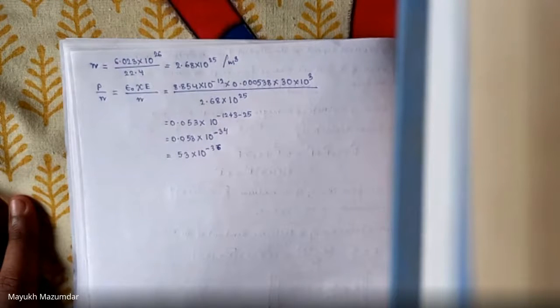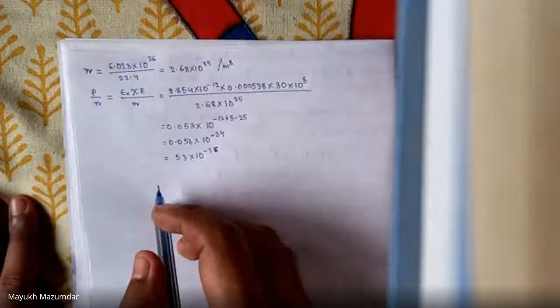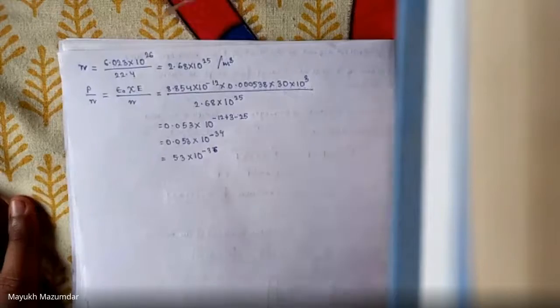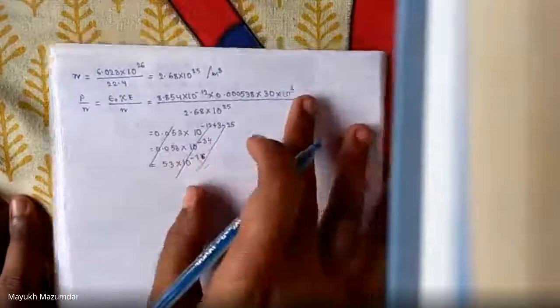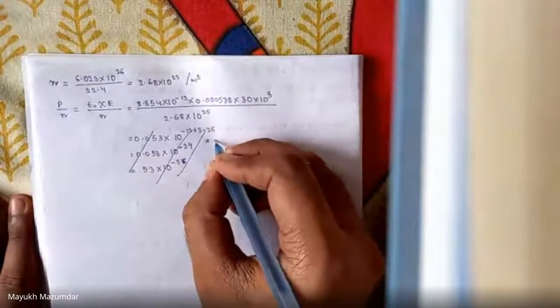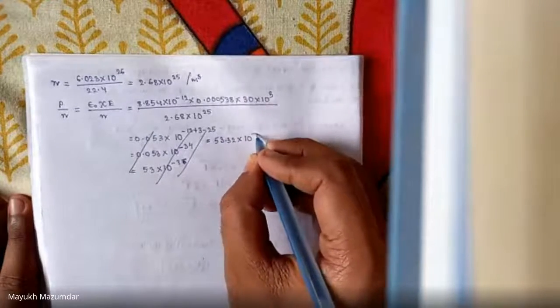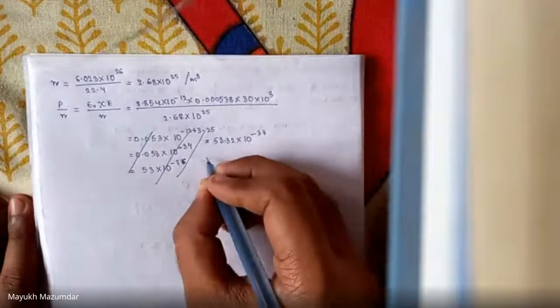4. It's correct. 53 into 10 to the power minus 37.